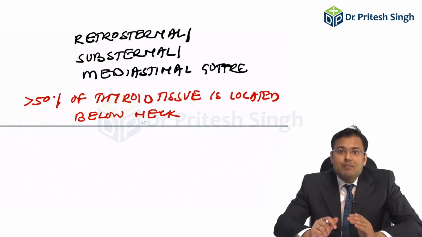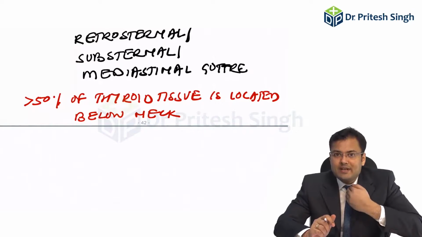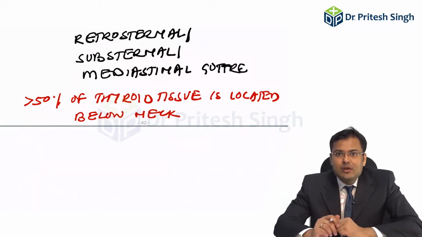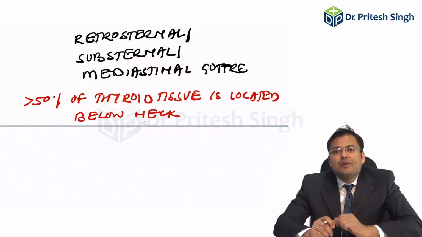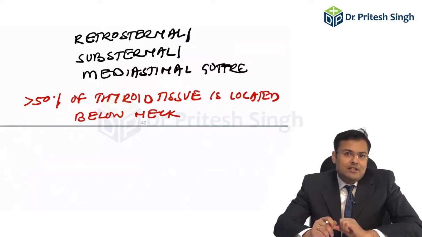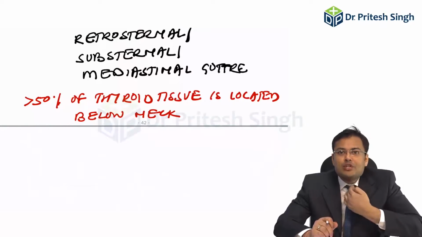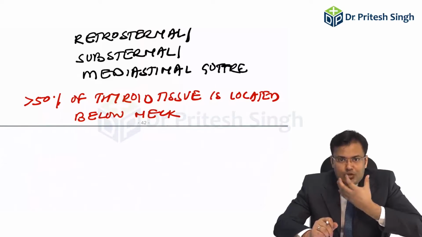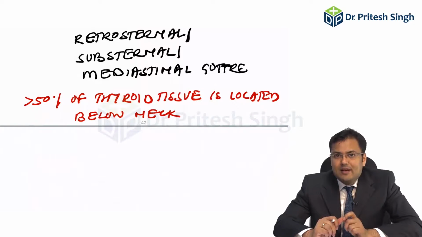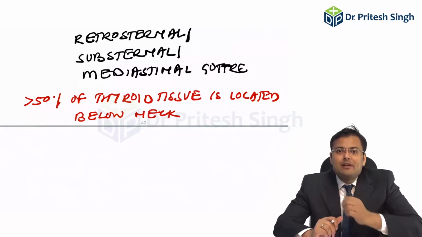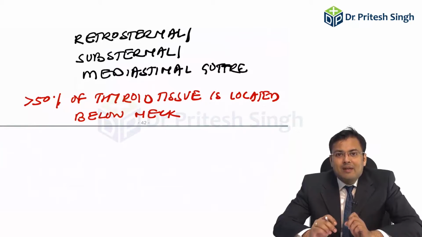And these symptoms are because of compression of trachea that can lead to dyspnea, compression of esophagus that can lead to dysphagia, compression of recurrent laryngeal nerve that will lead to hoarseness of voice, and compression of veins which drain the face, leading to dilated veins in the neck and in front of chest. And Pemberton sign is positive.